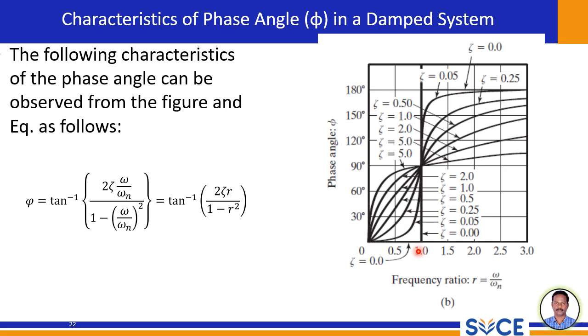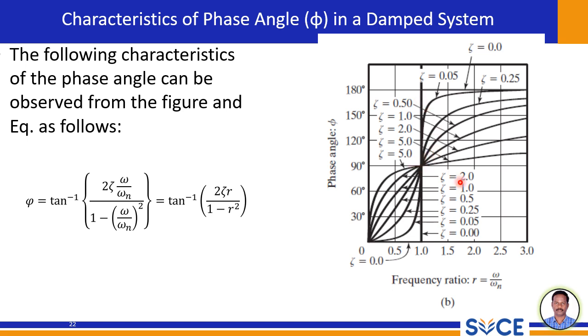When R is greater than 1, the phase angle is 180 degrees, out of phase. At resonance, R equal to 1, there is an abrupt jump from 0 degree to 180 degree. The effect of damping ratios: as the damping ratio increases from 0 to some value, what will happen?